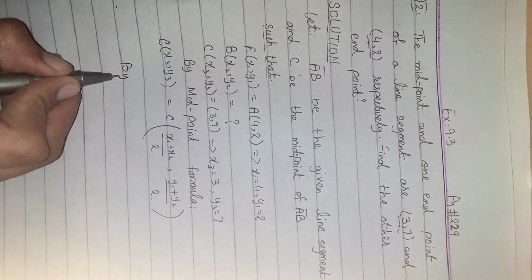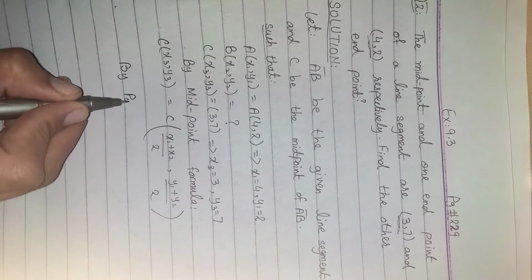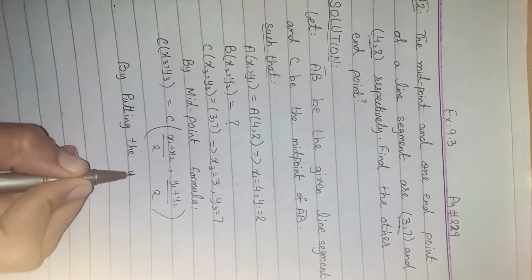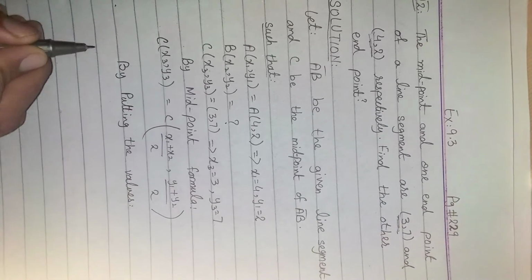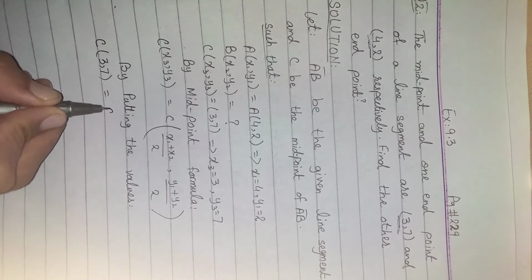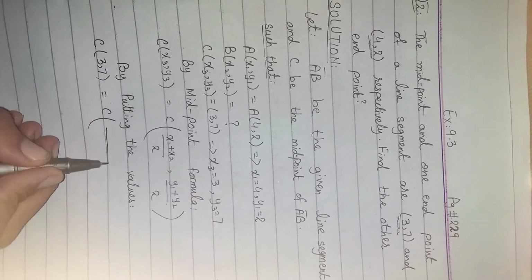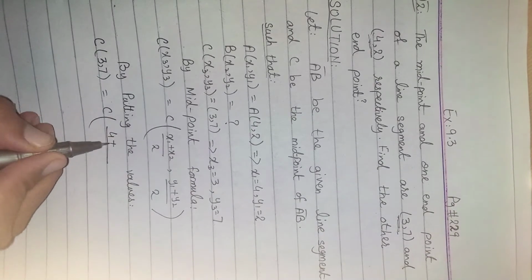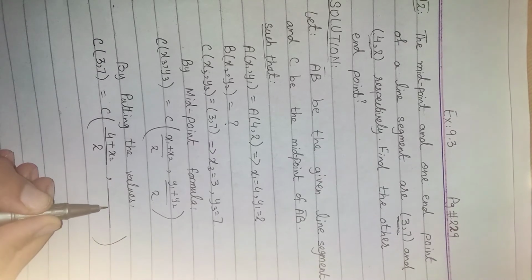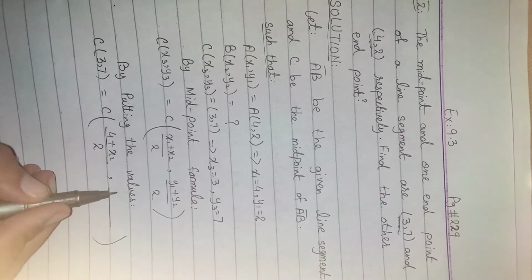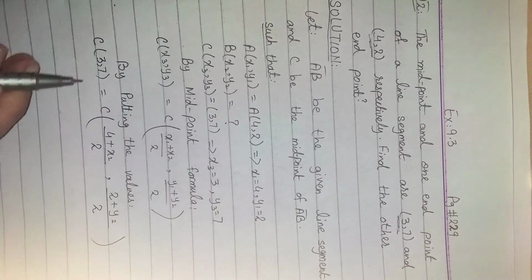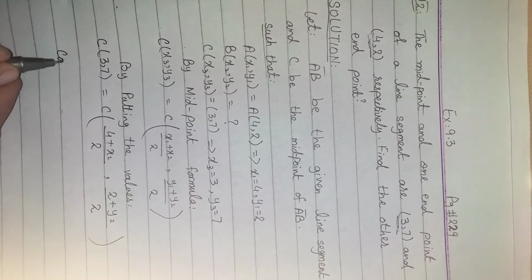So now by putting the values, we will get C, the values of C, (3, 7) is equal to (x1 + x2) where the value of x1 was 4 and the value of x2 is not given to us. Similarly, the value of y1 was 2 plus y2, whole divided by 2. We can compare from both sides.